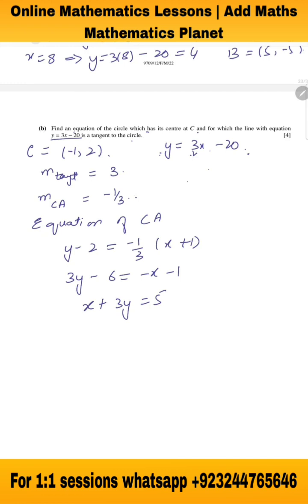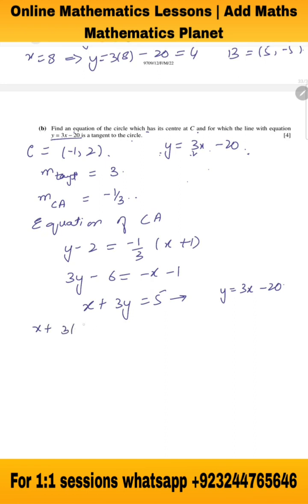To find the equation of the circle, we should know the coordinates of the center of the circle and the radius of the circle. So to find the point A, we will substitute x plus 3y is equal to 5 and y is equal to 3x minus 20.